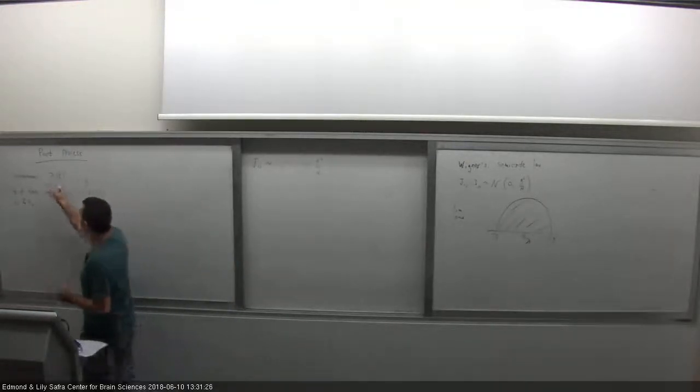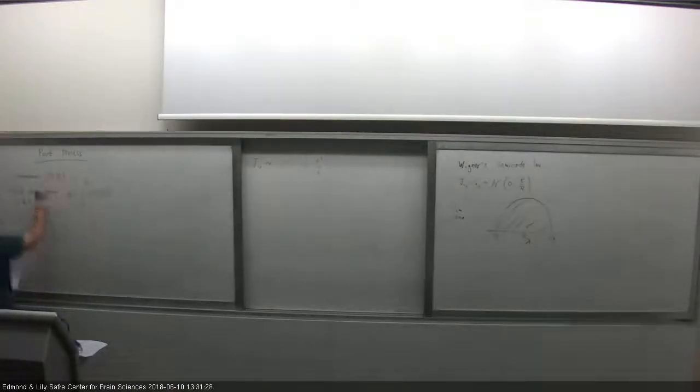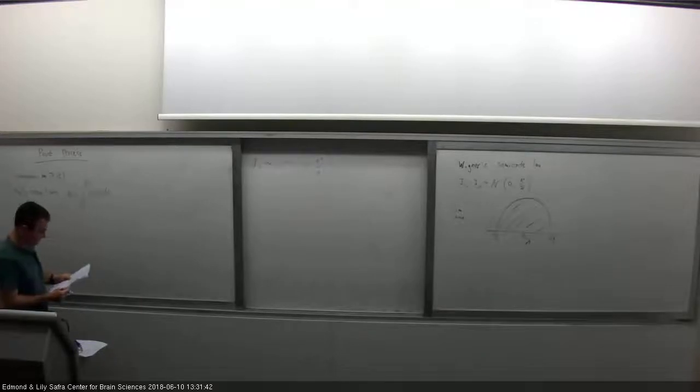So this is our instantaneous rate, and the number of events will be just the sum, the integral over the rate.